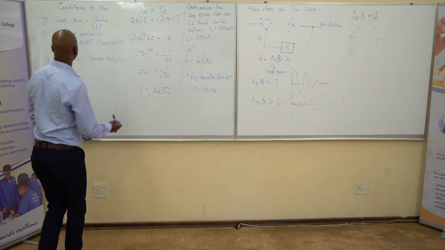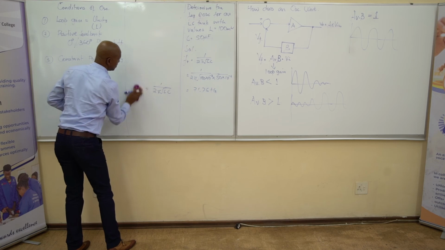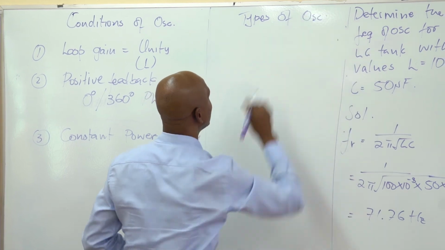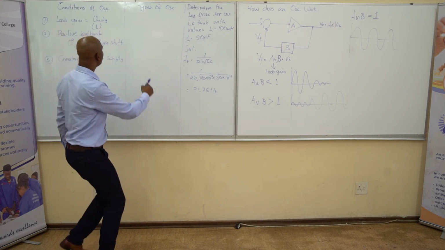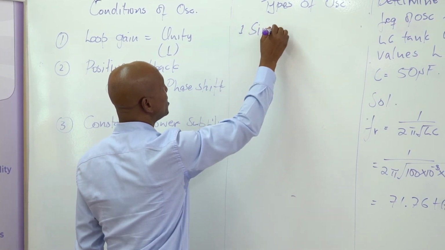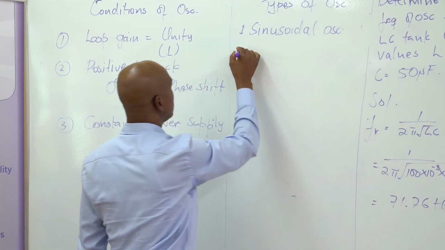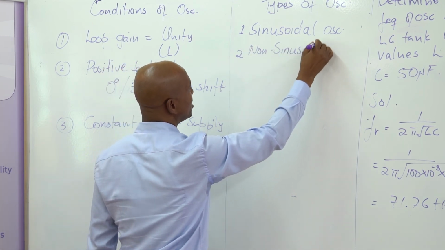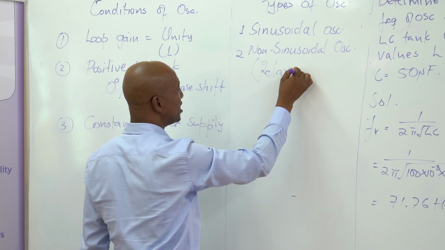The types of oscillators are categorically distinguished into 2, mainly. 1, we have sinusoidal oscillators. 2, we have non-sinusoidal oscillators. They are sometimes called relaxation oscillators.